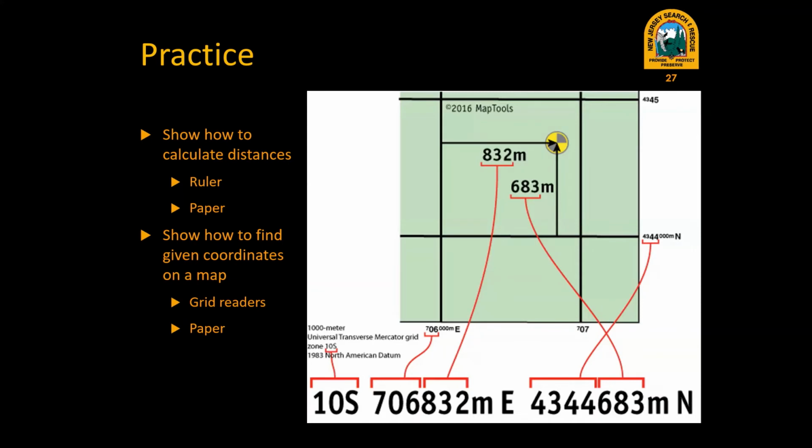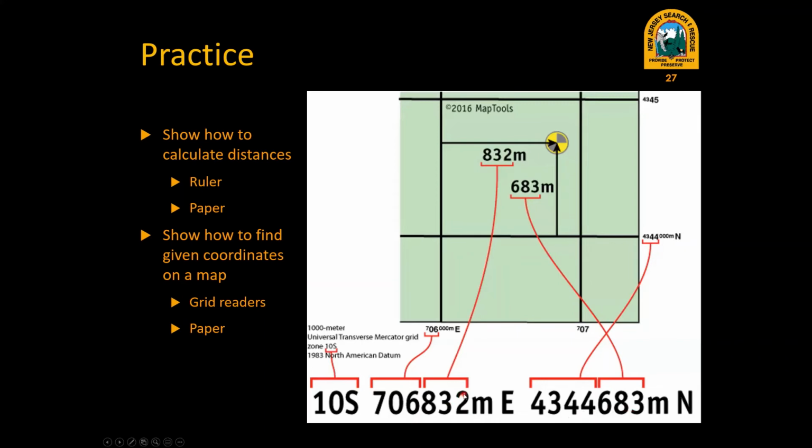Oftentimes, people have a difficult time matching up the numbers in the coordinates they're given with the coordinates on the actual map on the sides. So something that I do that helps me is that the last 3 digits, and again, we'll usually be using US National Grid, which is just the last 5 digits of the first set and the last 5 digits of the second set.